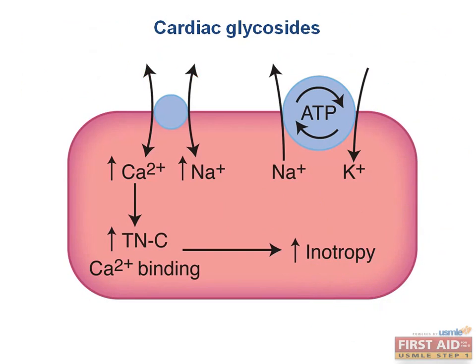So another toxicity related to the inhibition of the sodium-potassium ATPase is the accumulation of intracellular calcium. It may be great initially, but if you continue to accumulate intracellular calcium, you will eventually open some calcium-dependent potassium channels located on the myocyte membrane.